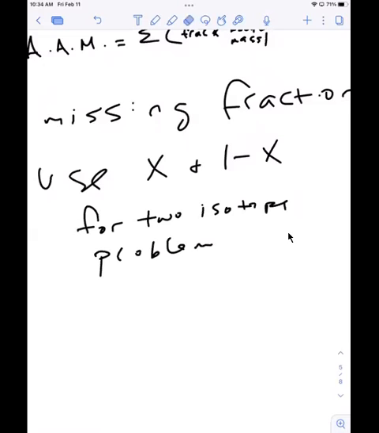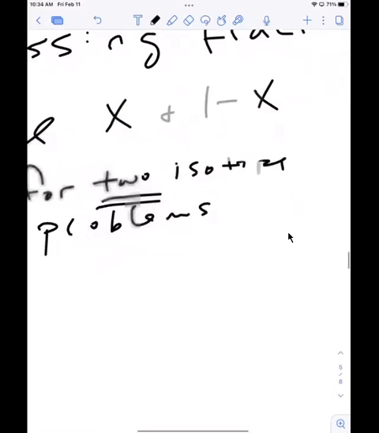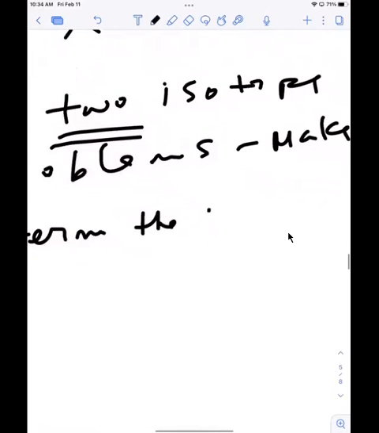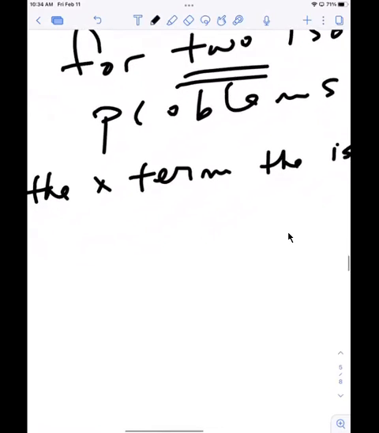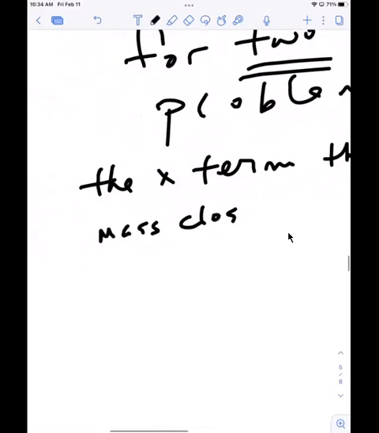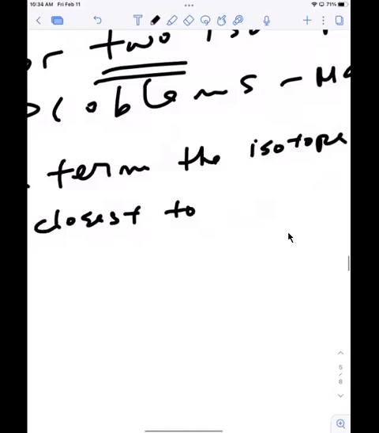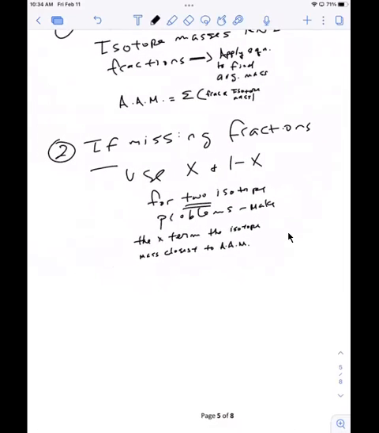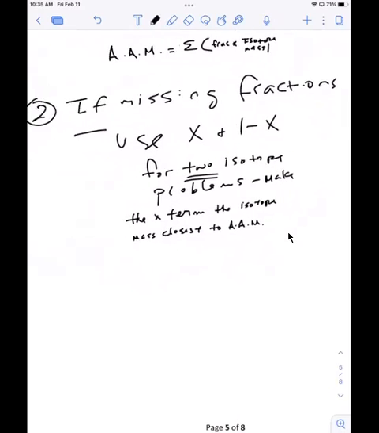So use X and 1 minus X to solve for those fractions if you have a two isotope problem, and make X the isotope that's closest to the average atomic mass.